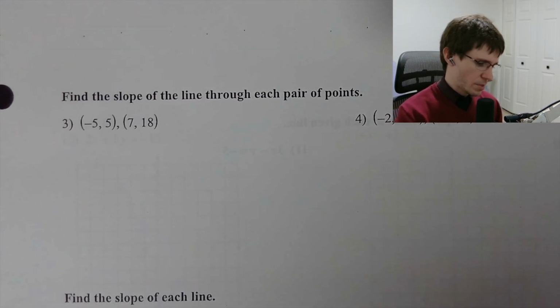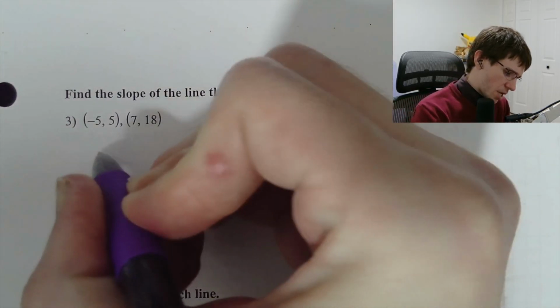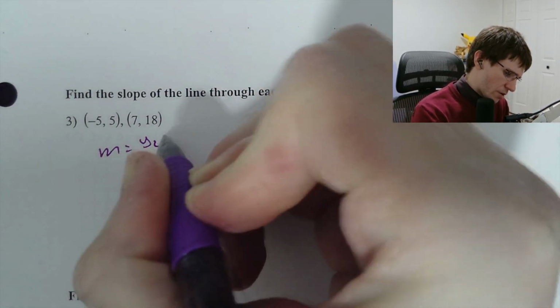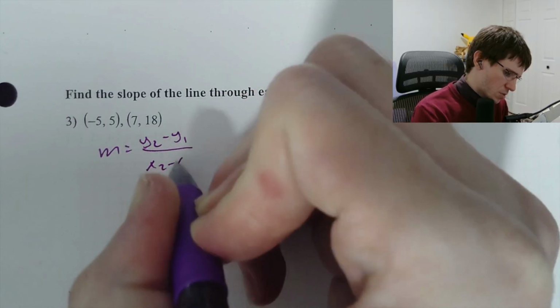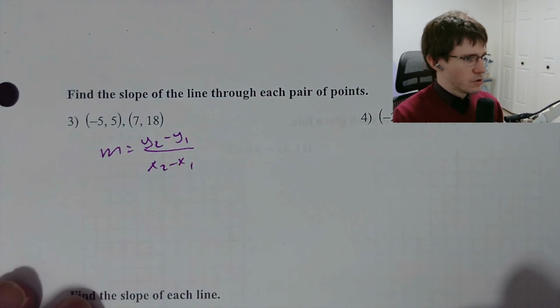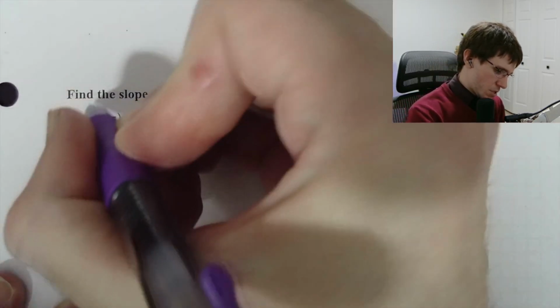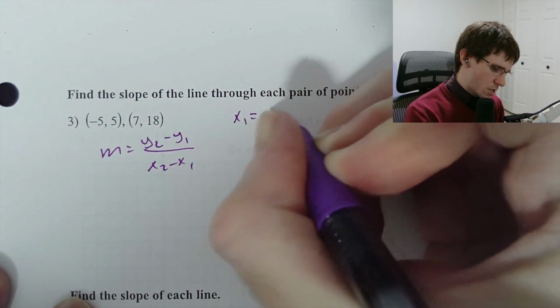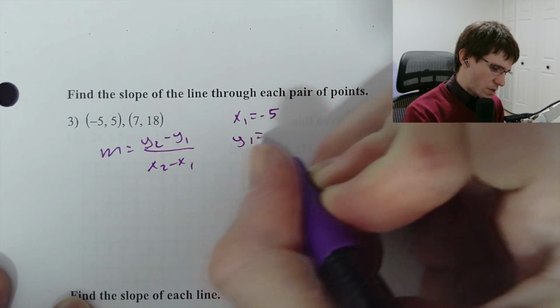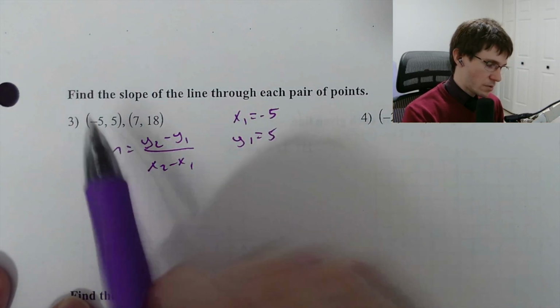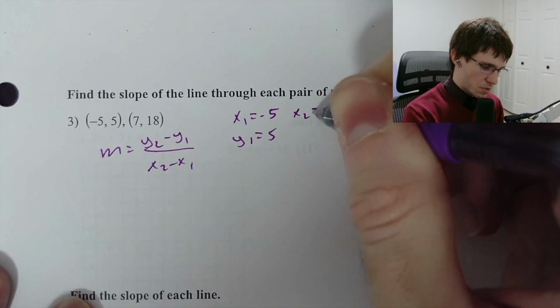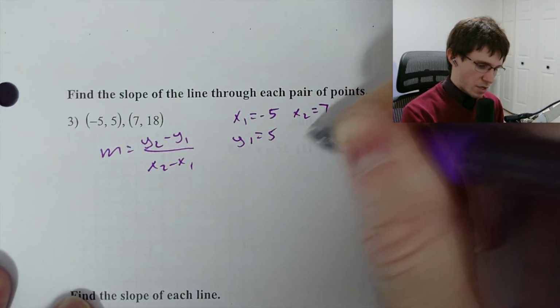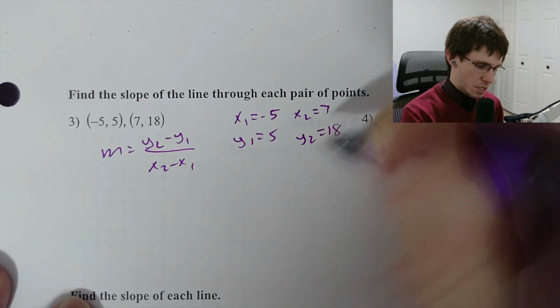All right. So when you're doing a question like number 3, though, unfortunately, you have to use that y2 minus y1 formula. Just showing it one more time, it's exactly the same idea. I'm just going to write down that formula just in case you were not doing it this way. We have y2 minus y1 over x2 minus x1. Writing it all the way out, x1 is negative 5, y1 is positive 5, and our x2 is going to be 7, and our y2 is going to be 18.